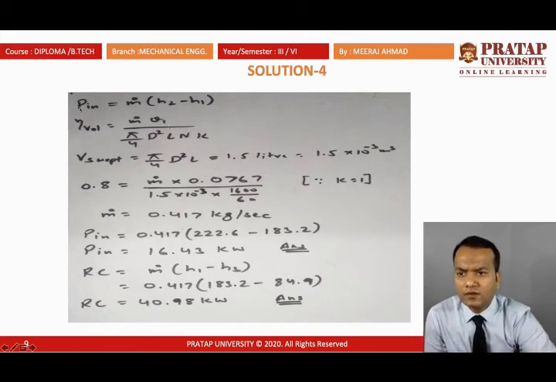So first you write the formula of the power input, mass flow rate times H2 minus H1, which is the power input to the compressor. Then the volumetric efficiency is mass flow rate times specific volume at the inlet to the compressor divided by the swept volume.